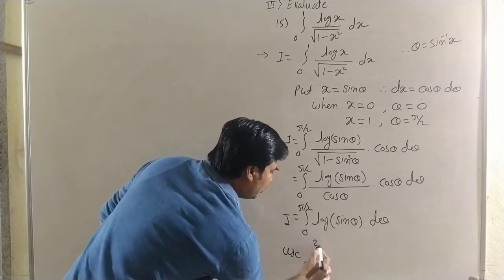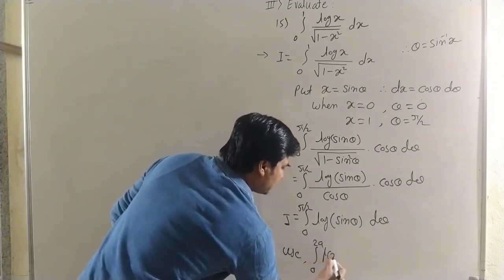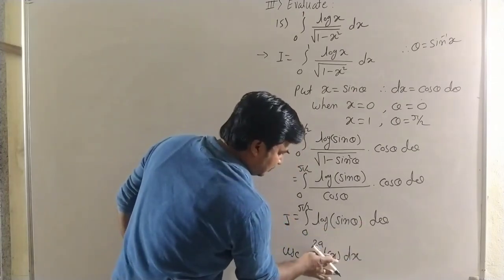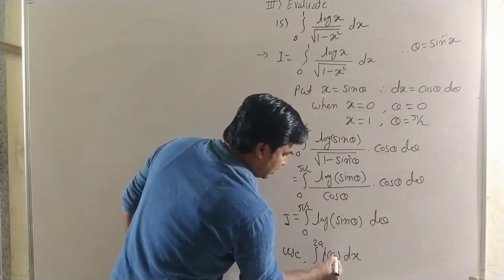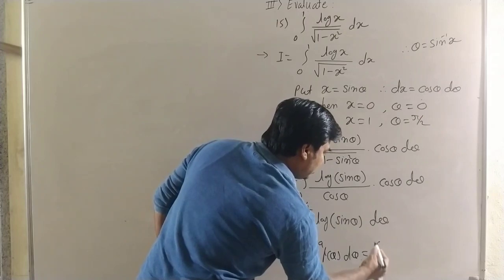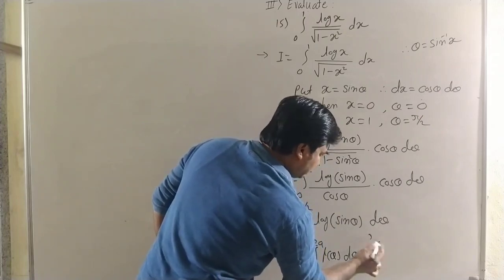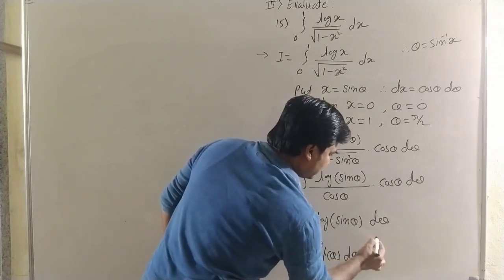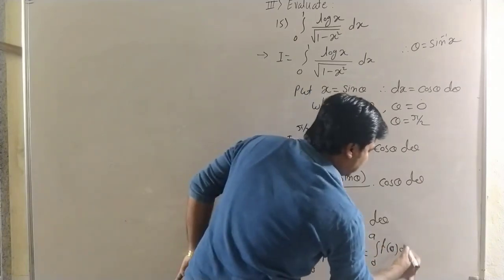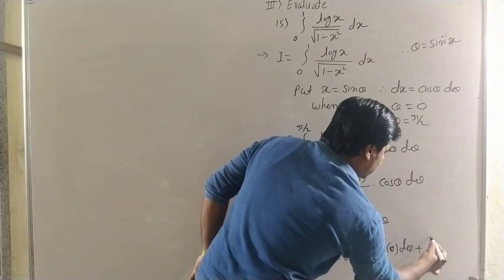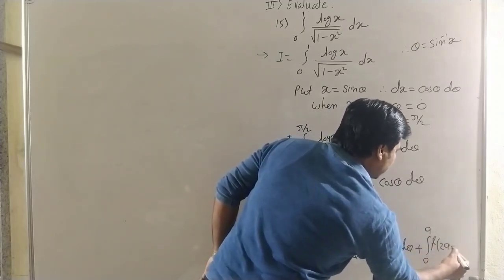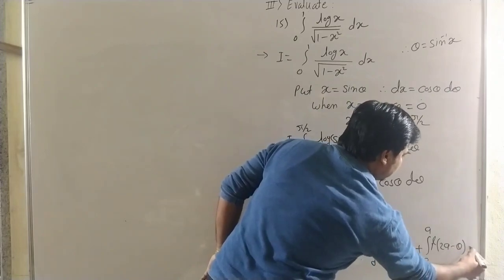Now here use the integral 0 to 2a f of x dx. Here the function is in theta, so we can write it as integral 0 to a f of theta d theta plus integral 0 to a f of 2a minus theta d theta.